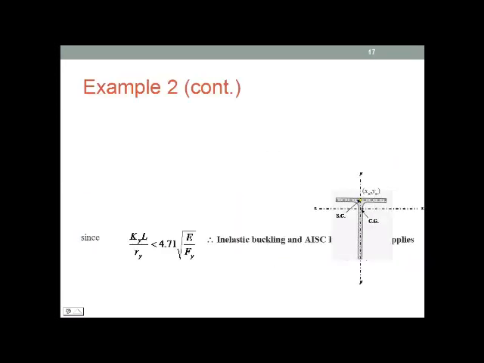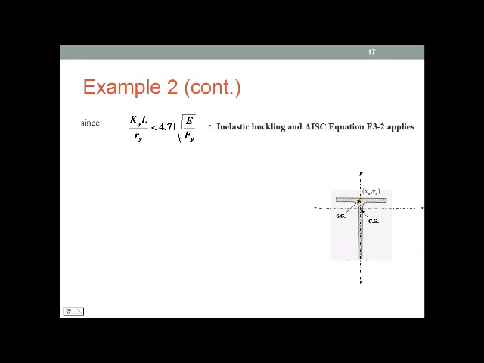Since the slenderness ratio with respect to y-axis, KL/R, is smaller than the limiting value 4.71 times the square root of E/Fy, then we have inelastic buckling, and AISC equation E3-2 applies to our solution.